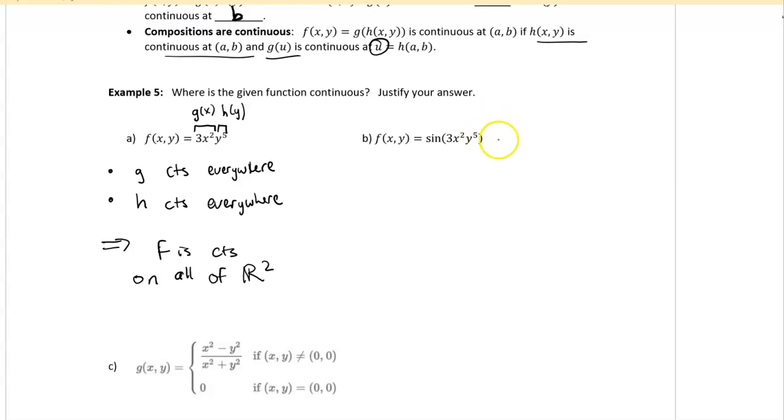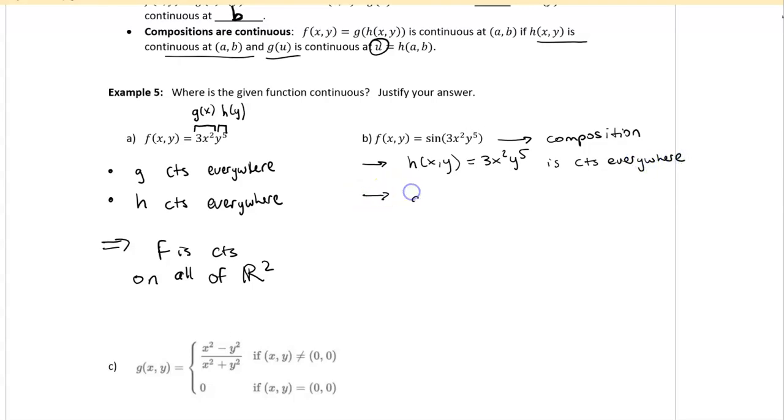Looking at our next example, this is a composition. When we look at the inner function, let's call it h of (x, y) equals 3x squared y to the fifth, which we just did, it's continuous everywhere.